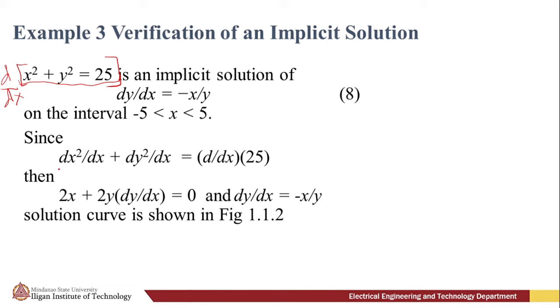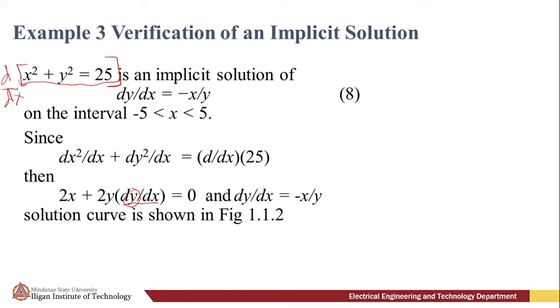Solving these derivatives, we have 2x plus 2y times dy over dx. We keep this dy over dx since y is an unknown function of variable x. Then we differentiate the 25 with respect to x. The derivative of any constant is just equal to 0.